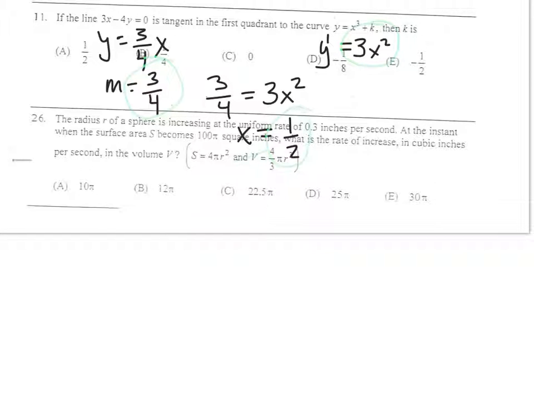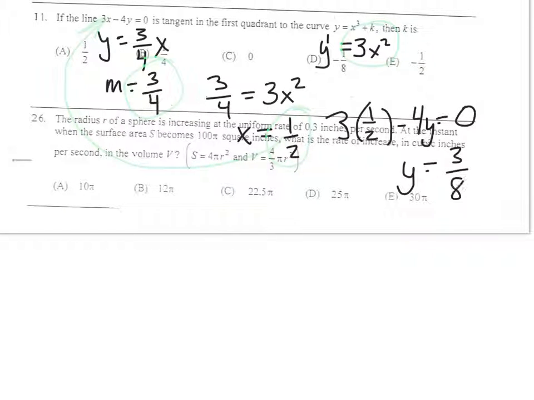If you take that 1/2 and plug it into that original equation for x, you get 3 times 1/2 minus 4y equal to 0. y is going to equal 3/8. Okay, go ahead and plug that in then. We're trying to figure out k. So what do we have here?